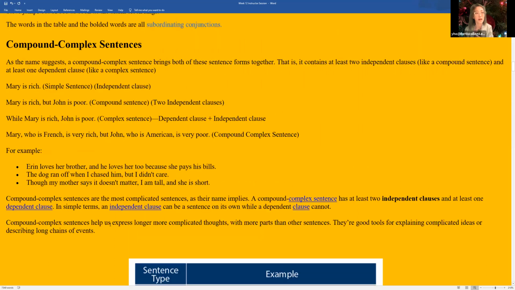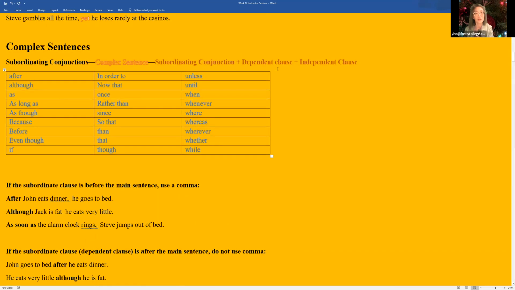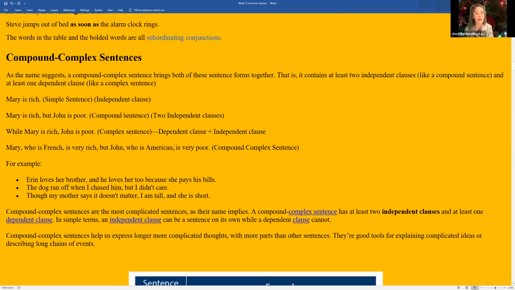So remember, a complex sentence is when you have a dependent clause with an independent clause. Most of you have probably seen this kind of structure when you read books.